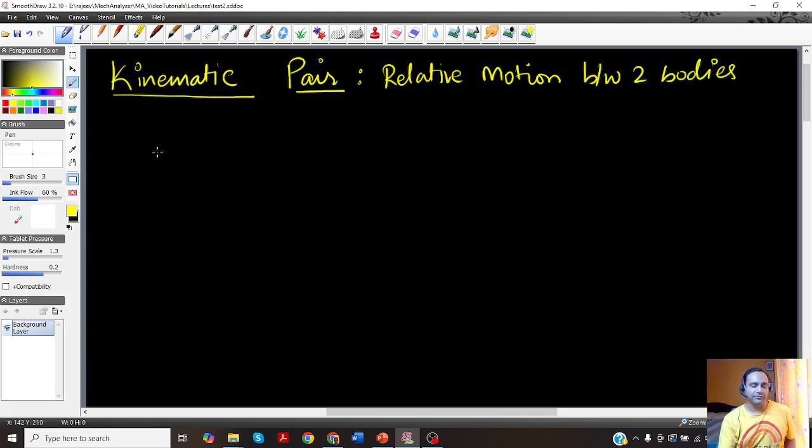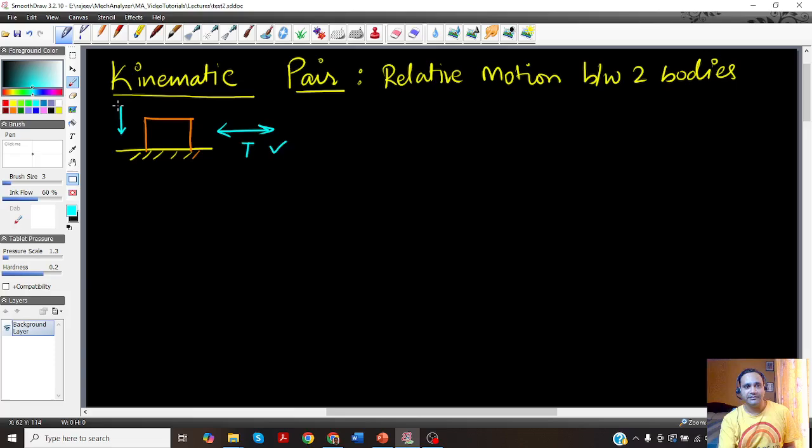Okay, so the simplest one you would probably remember is, let's say I have a block resting on a plane like this or on a line. So if you have this block, obviously you may say that there is only one translation that is possible.